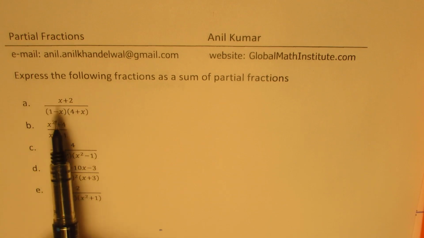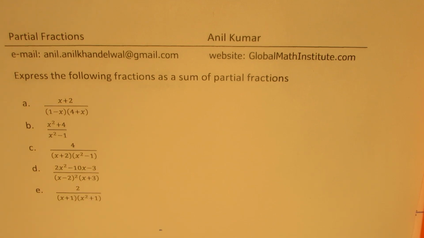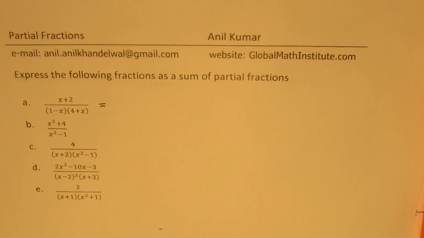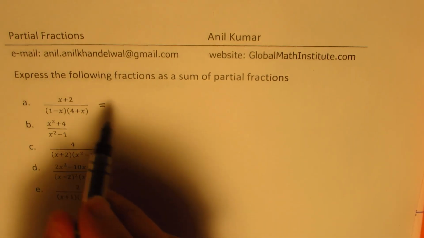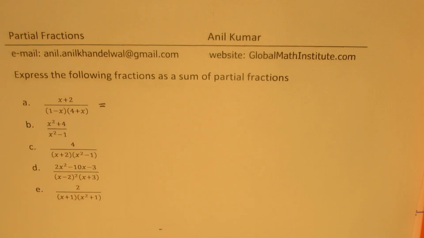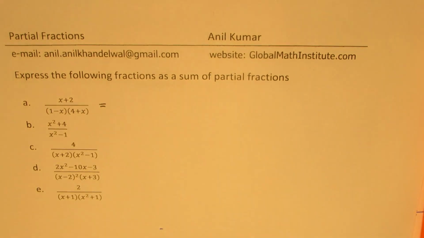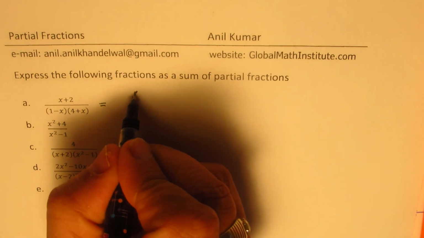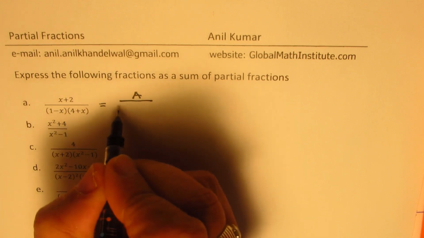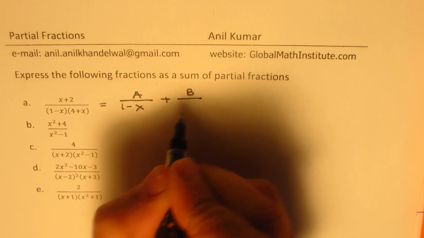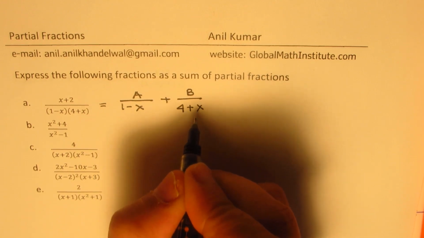The very first example has x plus 2 over 1 minus x times 4 plus x in the denominator. Now these are basically linear factors in the denominator, and this could always be written as a over 1 minus x plus b over 4 plus x.